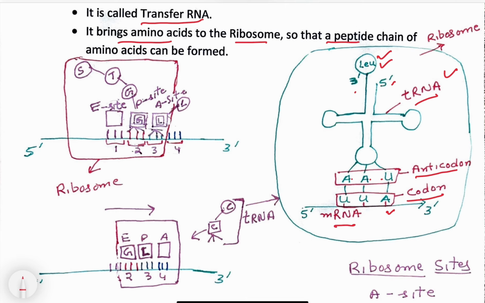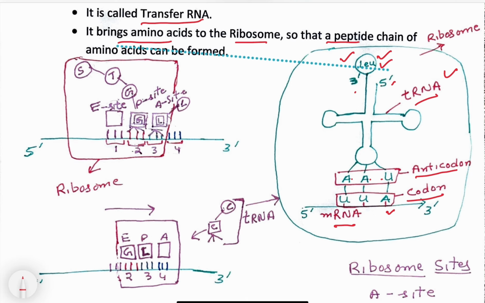So when it sees there's an attachment that it can do right here on the mRNA, it starts to activate the attachment of this particular amino acid to the amino acid chain.